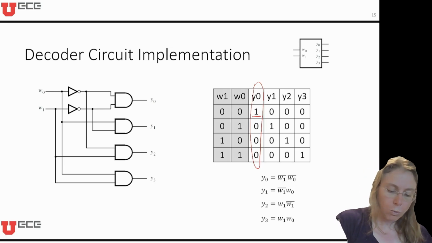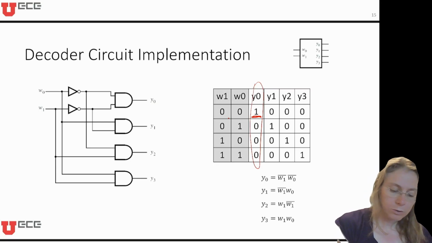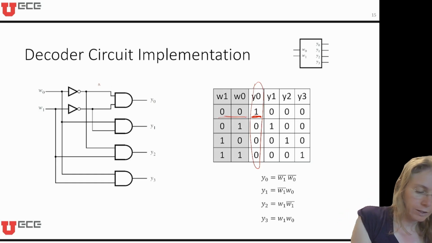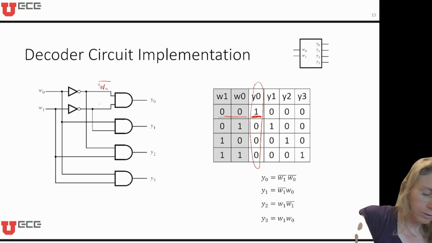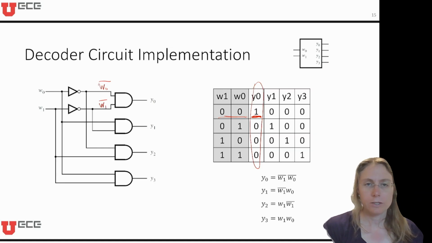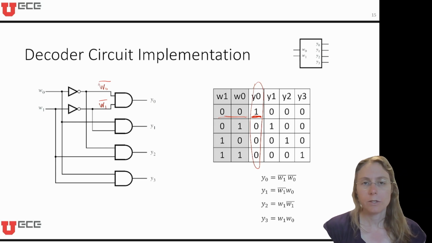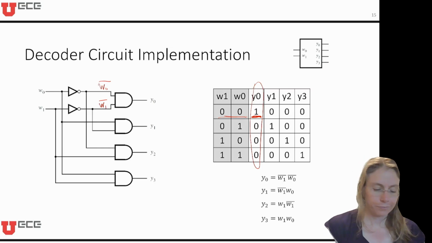It's only a 1 when both W1 and W0 are 0. So that's why we send in not W0, not W1, and then AND those together, and that's the only case for which we want Y0 to be 1 or high.